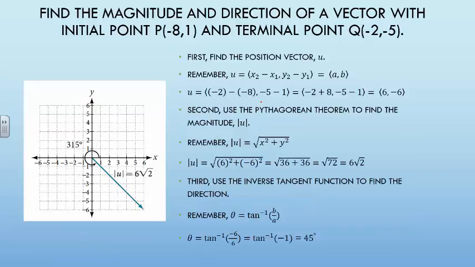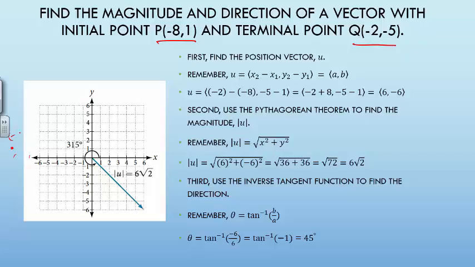So using some points to start filling in some of this information in finding magnitude and direction. Starting here with initial point P negative 8, 1, and terminal point Q negative 2, negative 5. So we can graph this vector over here. We don't quite have enough room for it, but we would go 6, 7, negative 8, up 1.